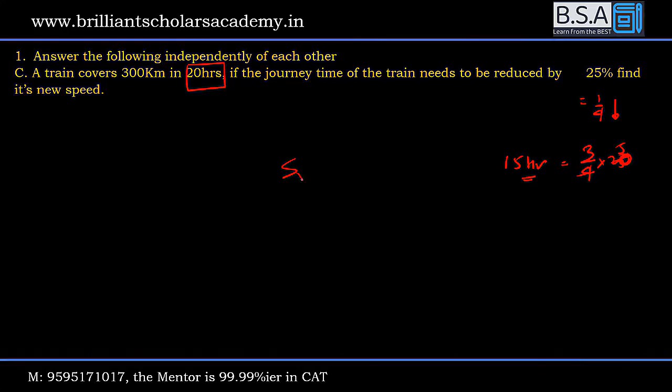What is the speed required? You want to travel 300 kilometers in how much time? 15 hours. So what speed are you maintaining? 20 kmph.